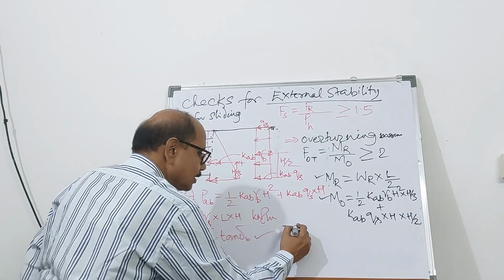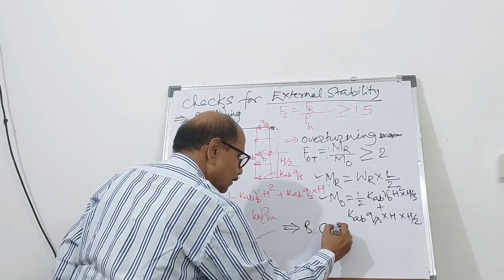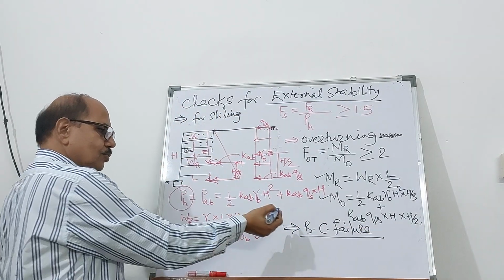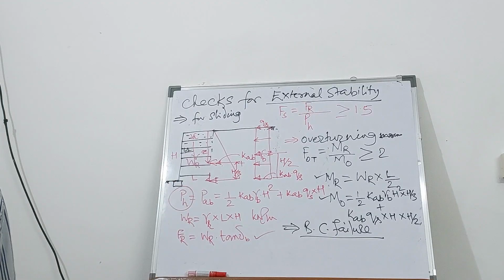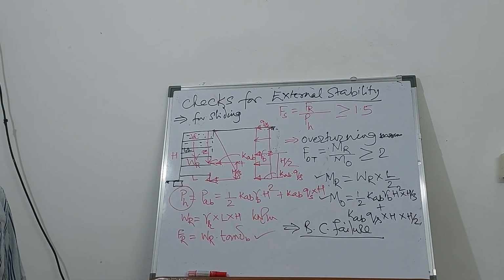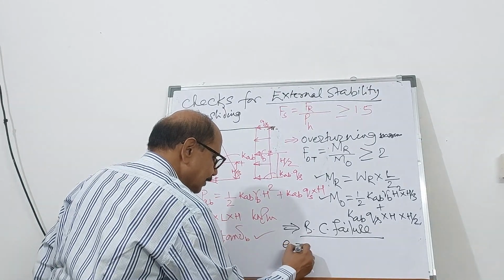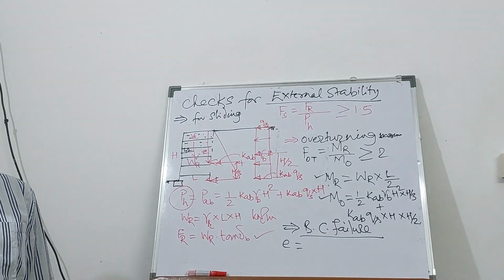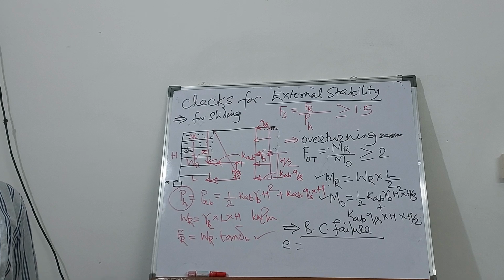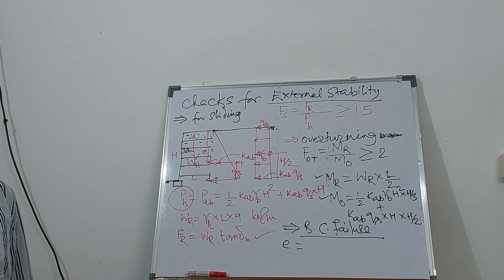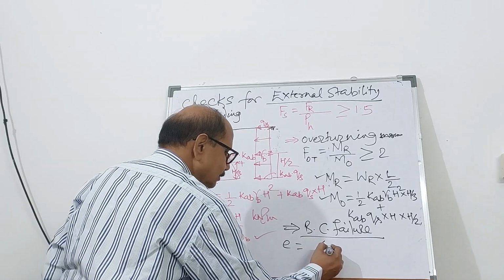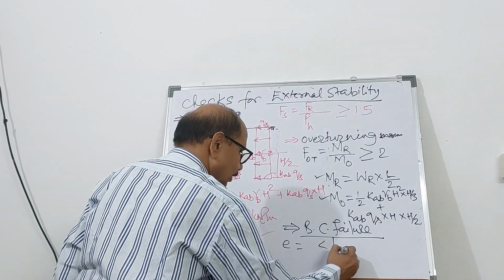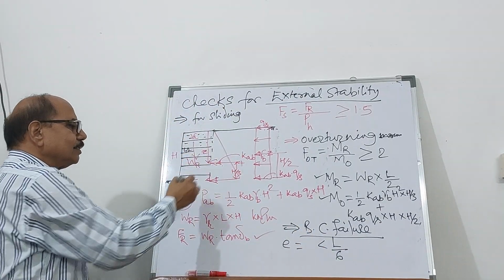And the third check is against bearing capacity failure. So this is also very simple. You have to find out the eccentricity E, and you know the famous formula for eccentricity. E should be less than or equal to L by 6, where L is the length of the RE wall.